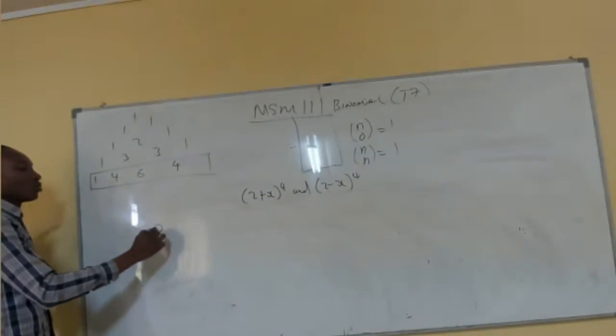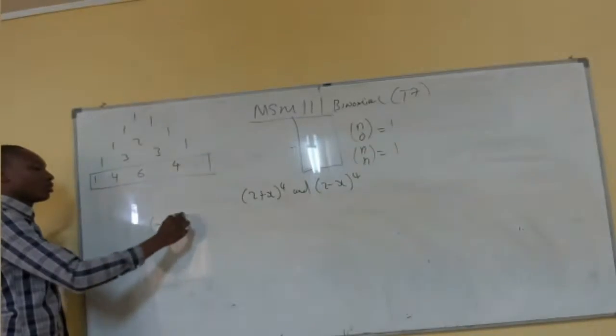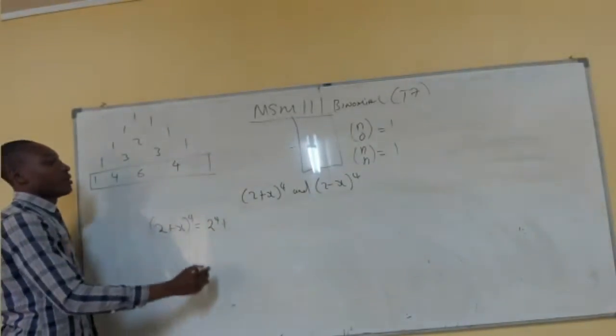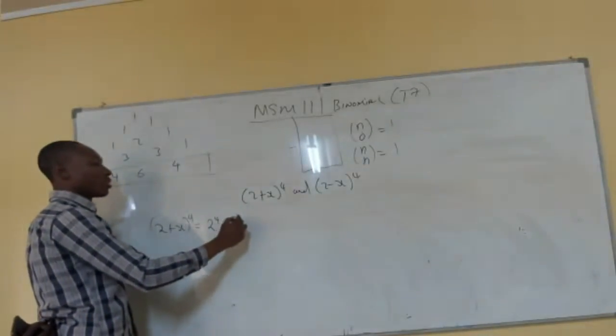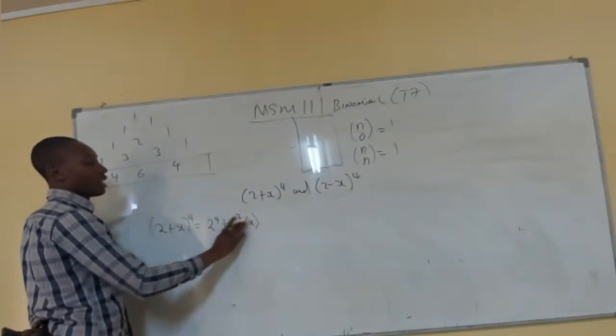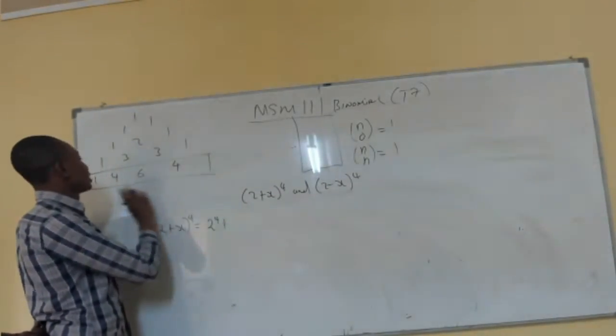So we have 2 plus x to the power 4 is equal to 2 to the power 4 plus, the next one is going to be 2 to the power 3, then x, right? Now, before I even write that, what's the coefficient there?